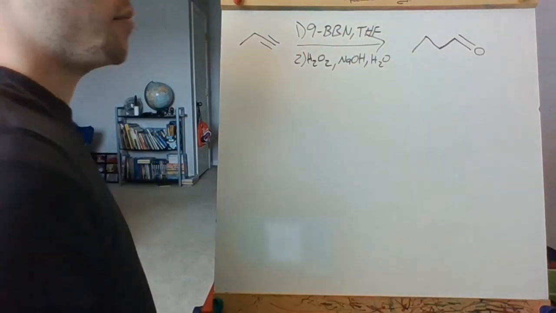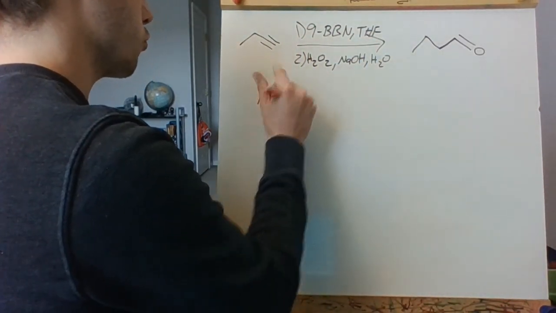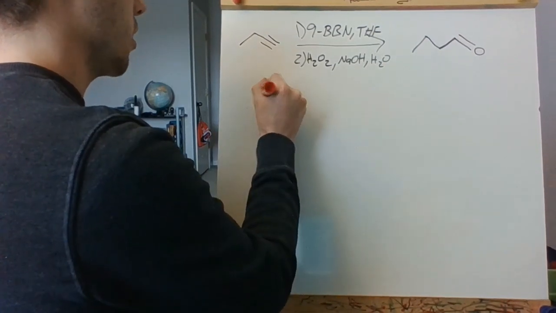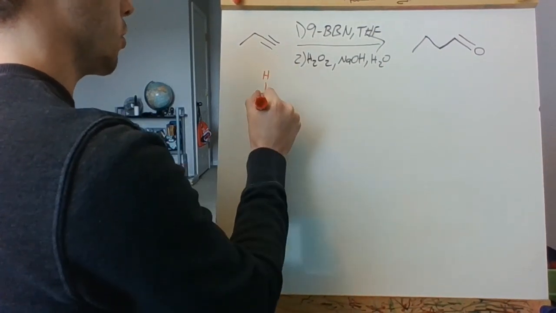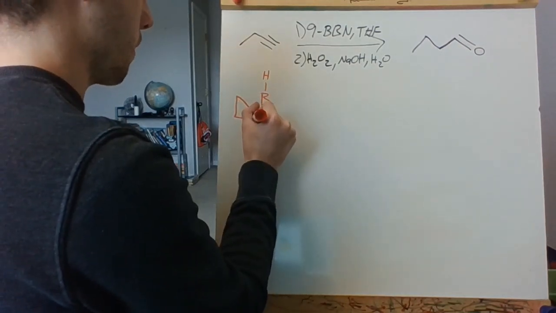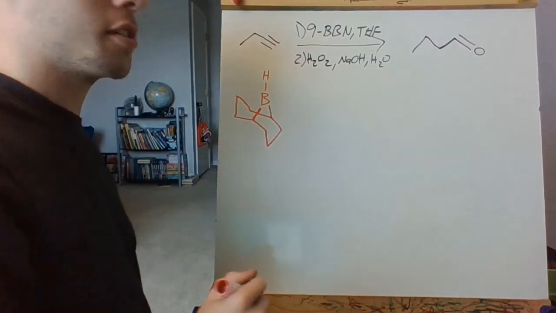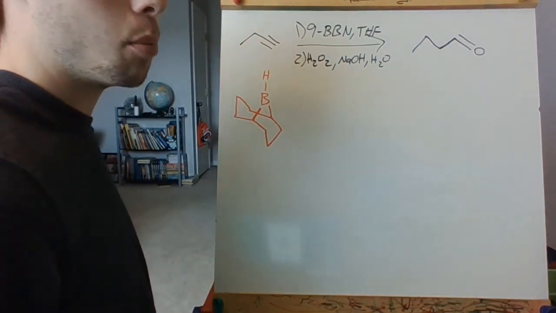So I have 9-BBN written up here. Remember that 9-BBN looks something like this. And so this gives us a bulky dialkyl borane.